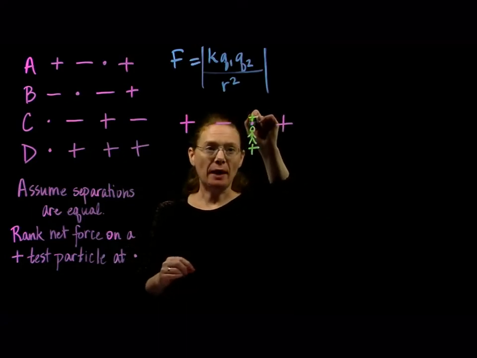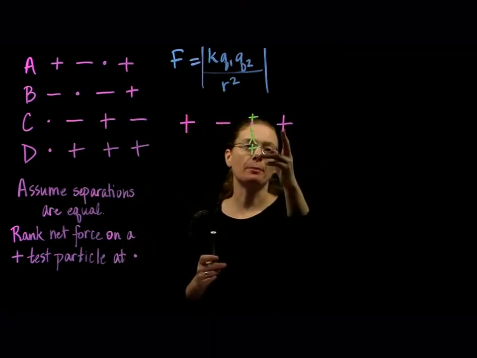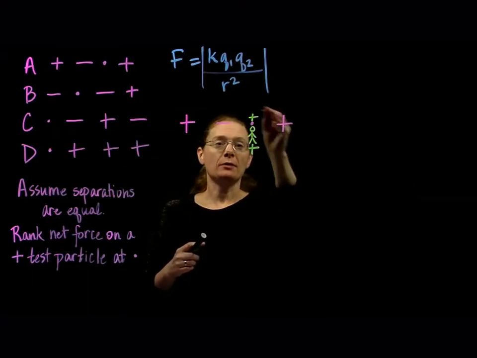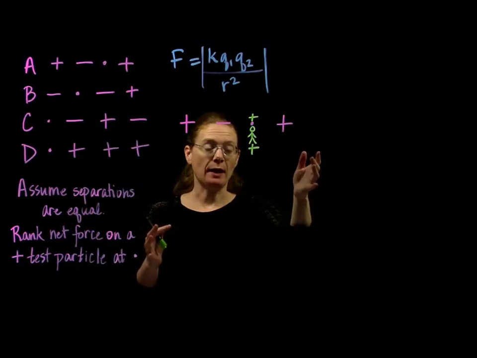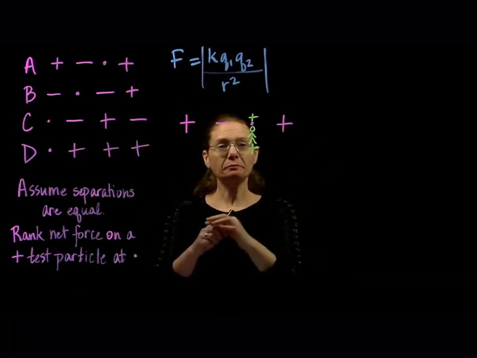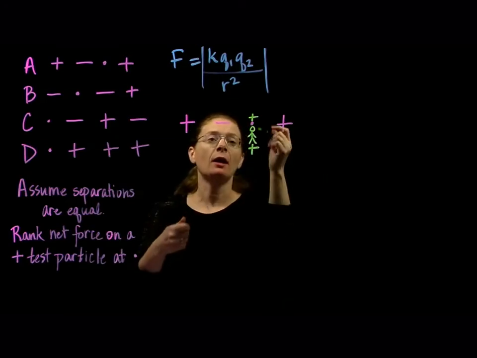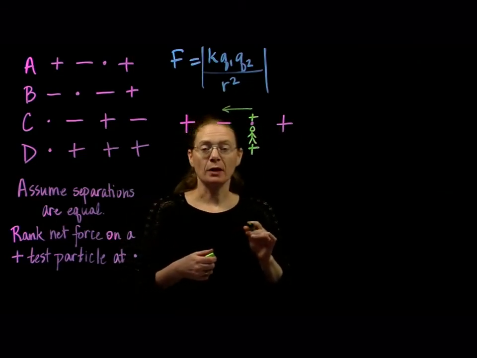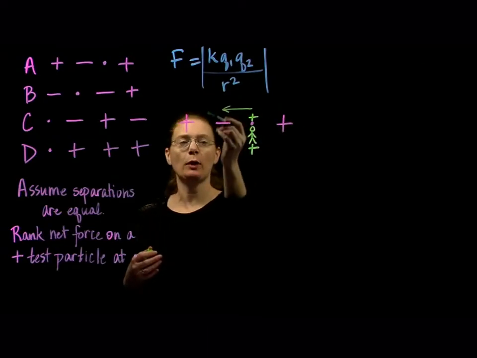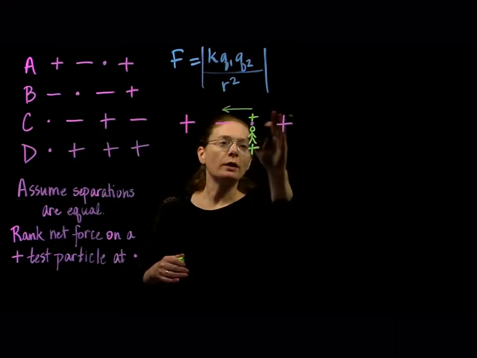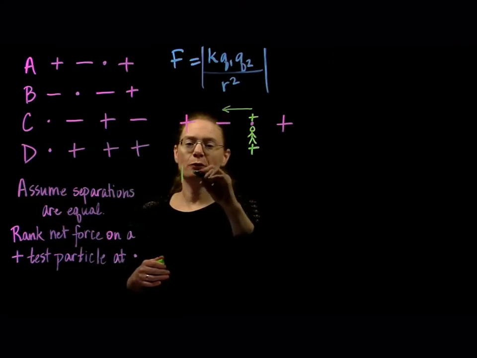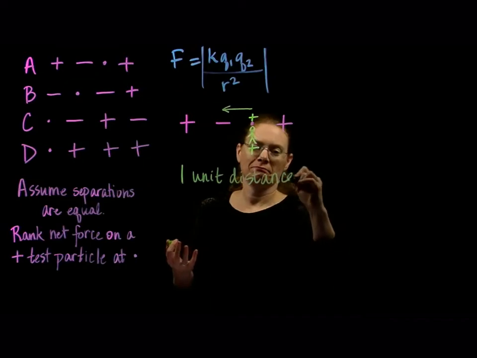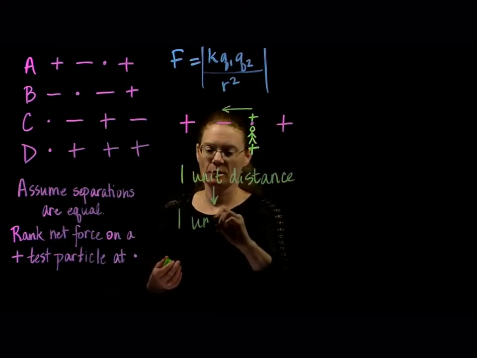We have a positive test charge here. There's a positive charge on the right. Positive and positive, same sign. They're going to repel each other. So from this positive right here, I'm going to have a force going to the left, because it's pushing me away, and it's 1 unit distance away. So for 1 unit distance, I'm going to call that 1 unit of force.